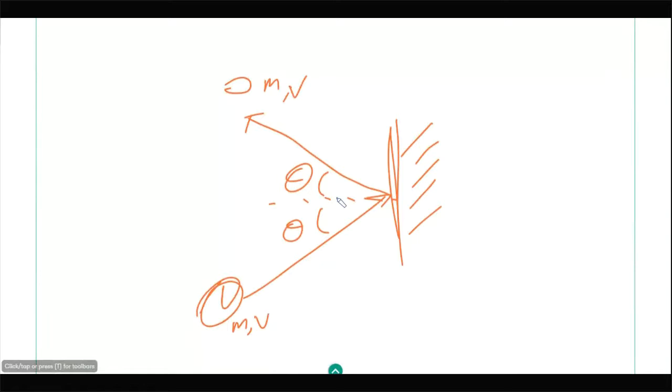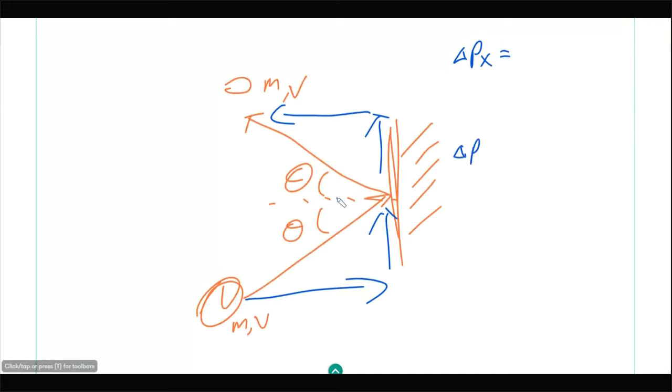In this case, we would have to, again, look at two directions here, because we have this ball moving both in the horizontal direction and vertical. So in this case, we can say the change in momentum in the x direction will have to be something, and then the change in momentum in the y direction is going to be 0 in this case.